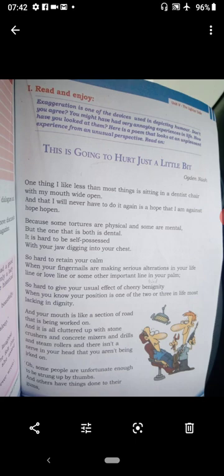One thing I like less. I like less means unlike. One thing, that means the poet says, the thing I like least is sitting in the dentist chair with my mouth wide open.